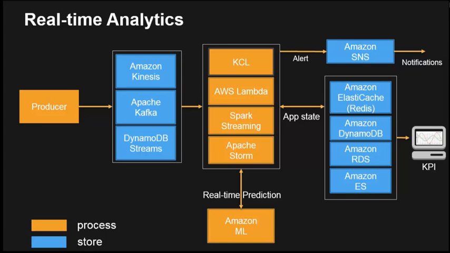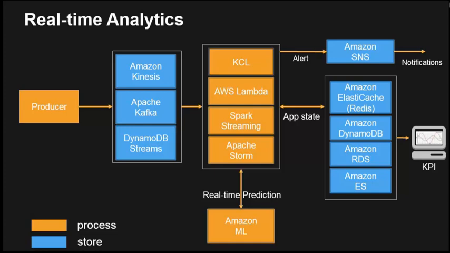Then you can have one of the consumers, it could be AWS Lambda or KCL or Spark Streaming, processing this data, and you may store the metadata and processed data, and keep the application state in Redis or DynamoDB, and have a D3 or a graphic library paint a pretty picture or a KPI. Or when you detect an alert, let's say if a pressure or temperature gauge reading is very high, then you can trigger Amazon SNS to send notifications to downstream systems.